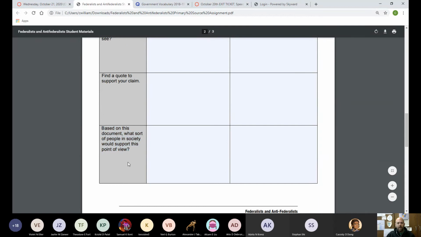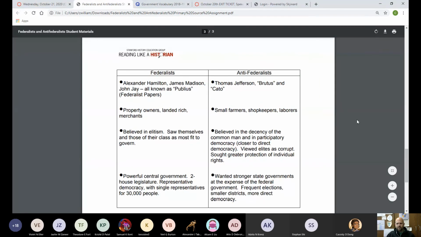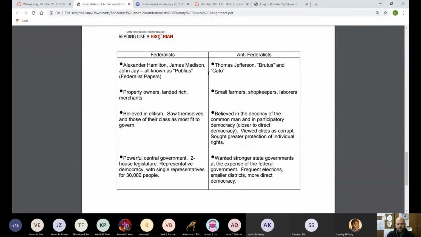Now, if you need more guidance in helping you, especially with this last part, you can scroll down to the end, and you have another box similar to the one I showed you earlier, where it breaks down characteristics of Federalists and Anti-Federalists. Now, these names like Publius and Brutus and Cato, these were how the Federalist papers and Anti-Federalist papers were signed when they were printed in newspapers and so forth.